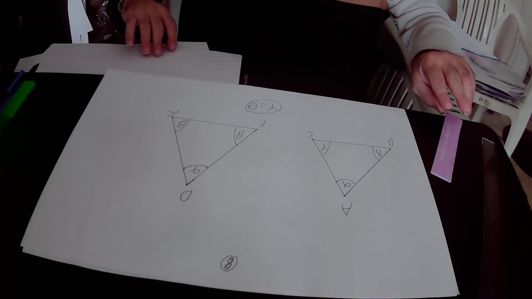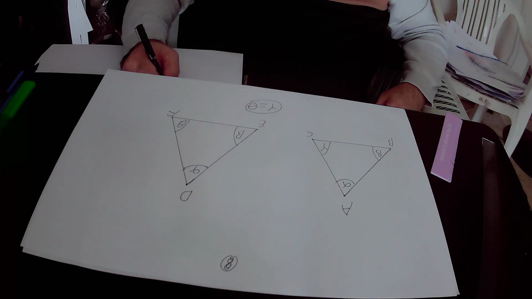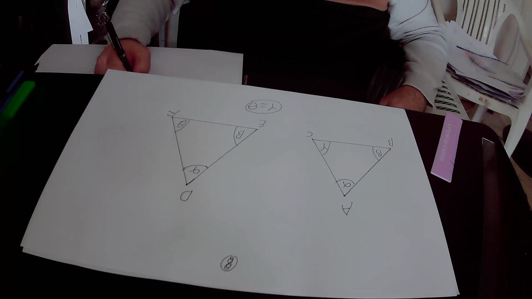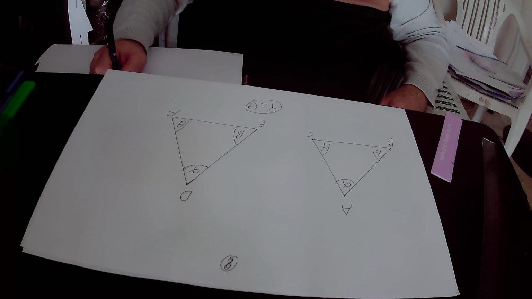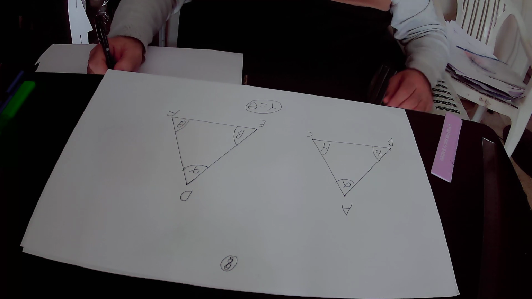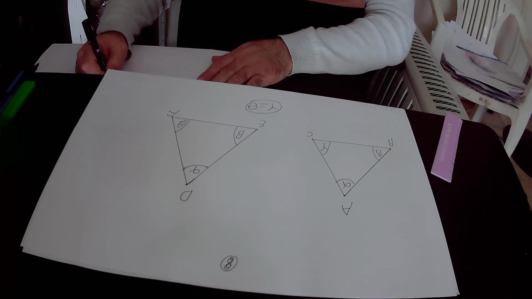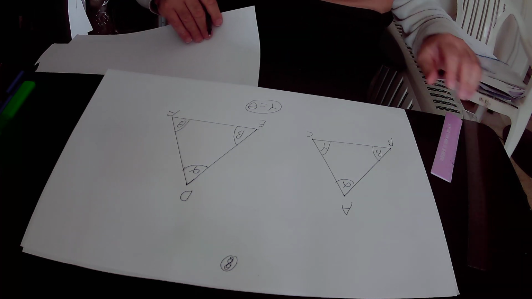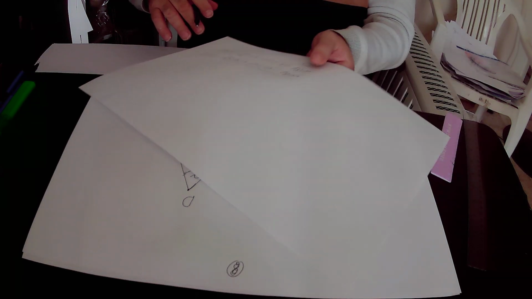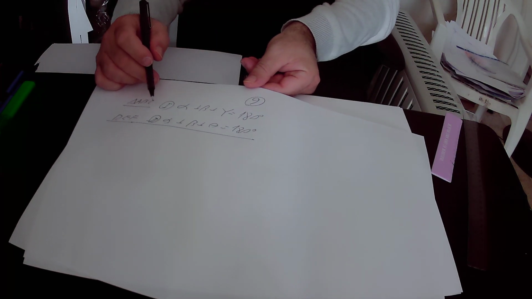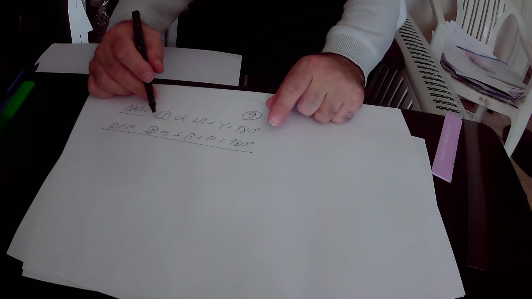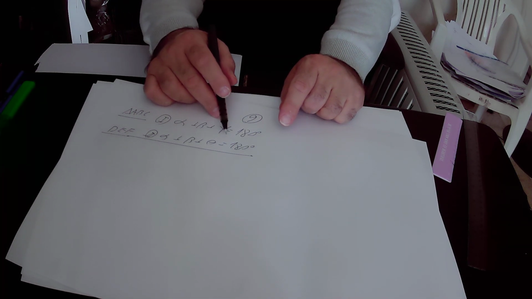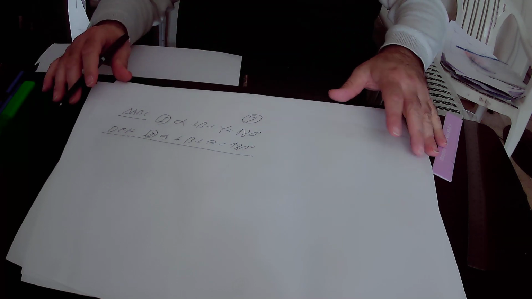That is to say, alpha plus beta plus theta must be equal to 180 degrees according to the rule that I stated. That is to say, alpha plus beta plus theta equals 180 degrees.